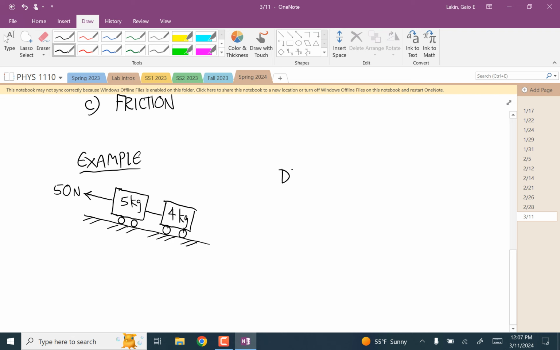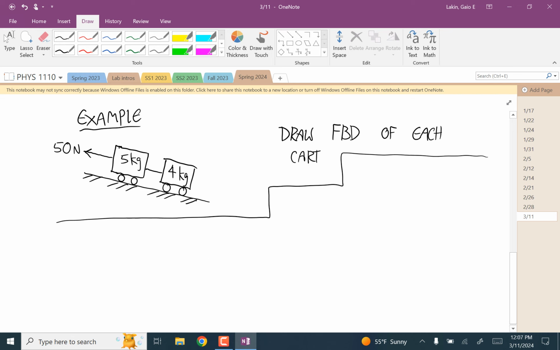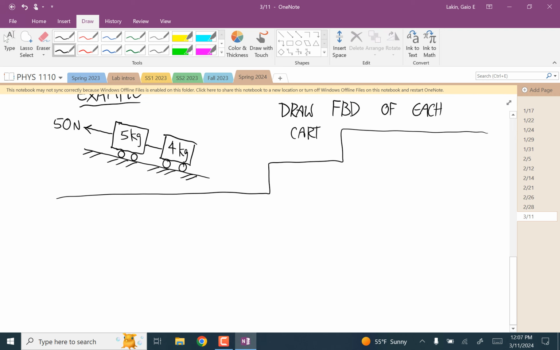And we want to draw free body diagrams for each one of these. So I guess I'll start with the 5 kilogram.